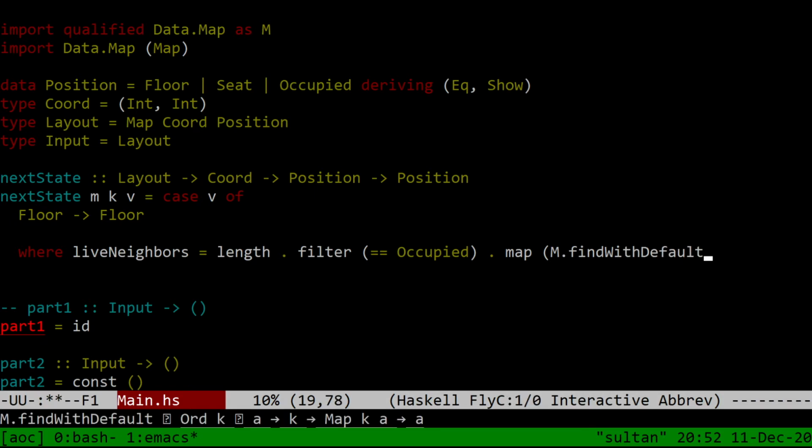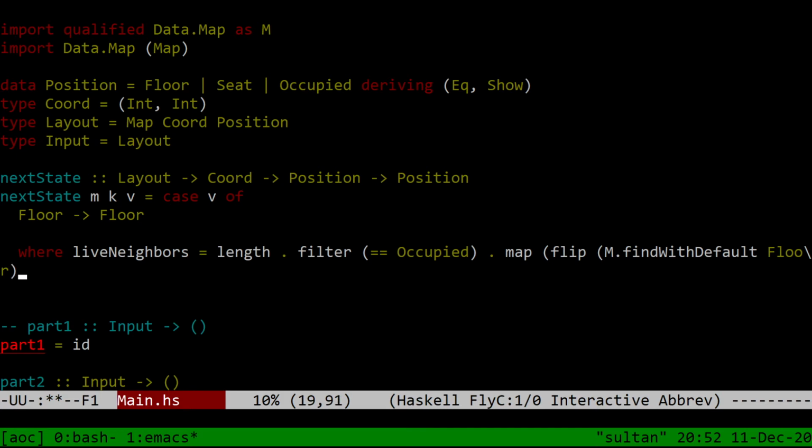Yeah. m.find with default floor, I guess.